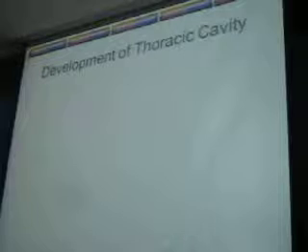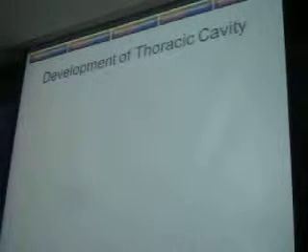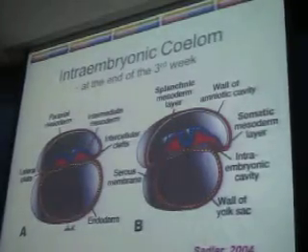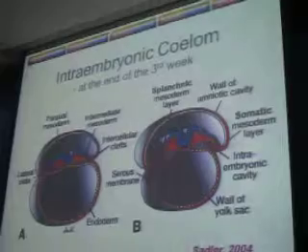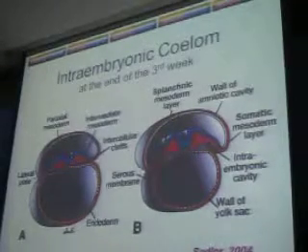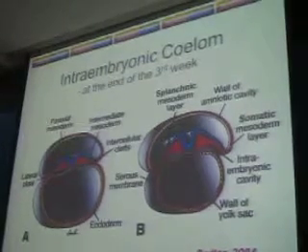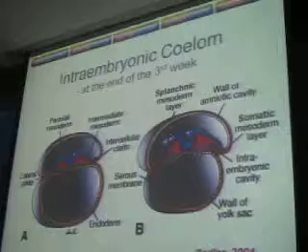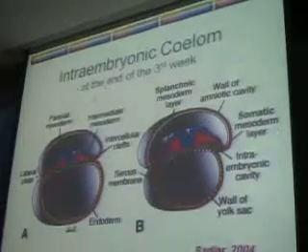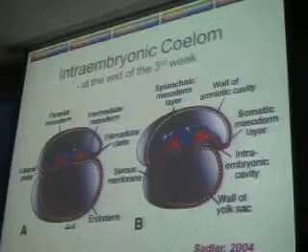Am I going too fast? Yes. Let's go now to the thoracic cavity. We'll start when the embryo is at 3 weeks, towards the end of the 3rd week, and we make a cross-section of the developing embryo at the level of your foregut. Okay? So the intraembryonic mesoderm would differentiate to produce the following mesoderms.